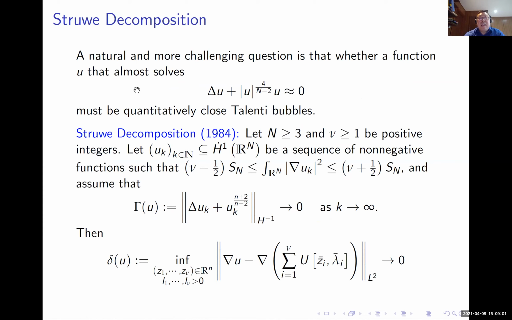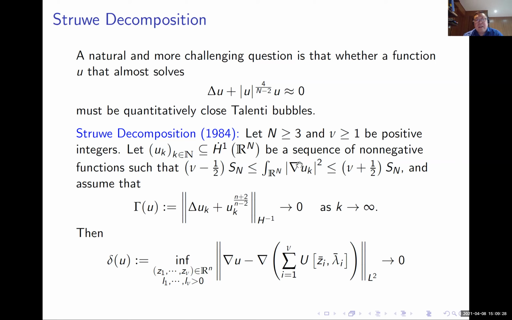A more natural and more challenging question is whether a function which almost solves the Euler-Lagrange equation must be quantitatively close to Talenti bubbles. Struwe exactly proved the following result, called the Struwe decomposition, in 1984.